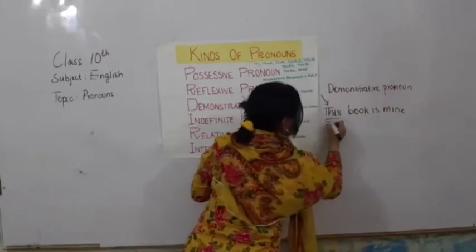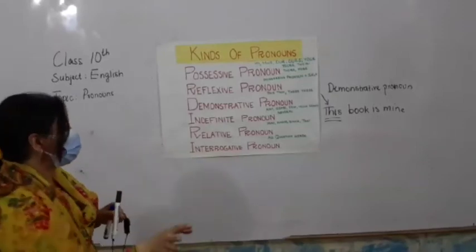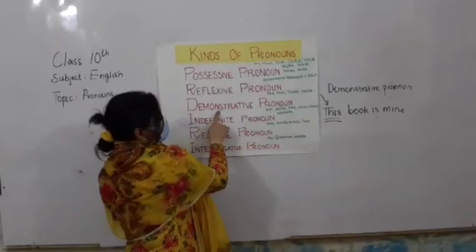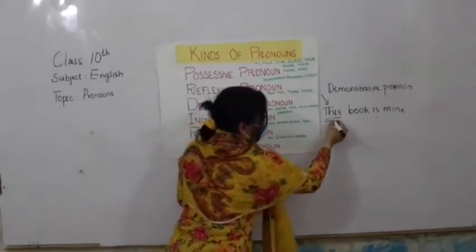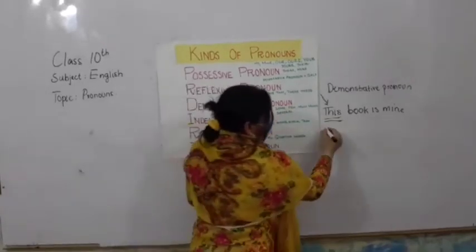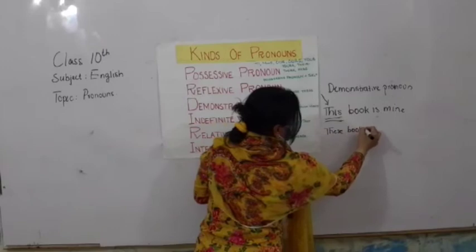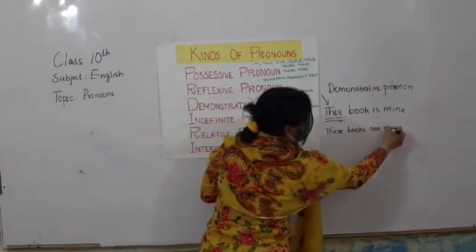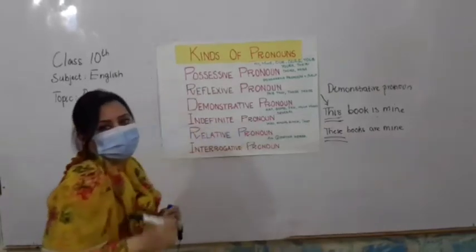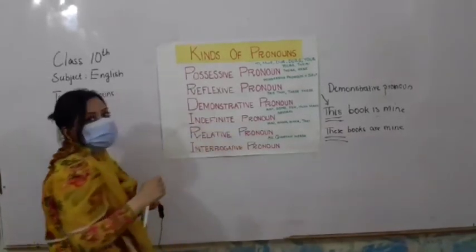It's this book, the book that I have lying here. We are talking about that book, and in demonstrative form, we would use the word this for it. If, let's say, it was in plural, these books are mine. Something that points towards an object or a person is called a demonstrative pronoun.